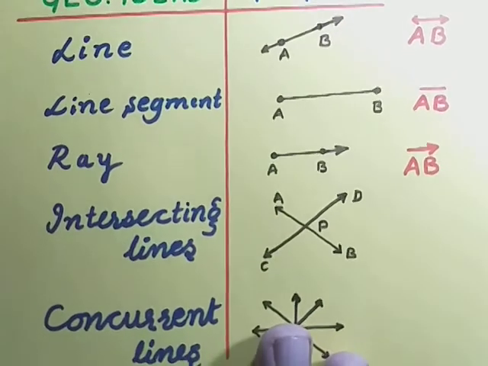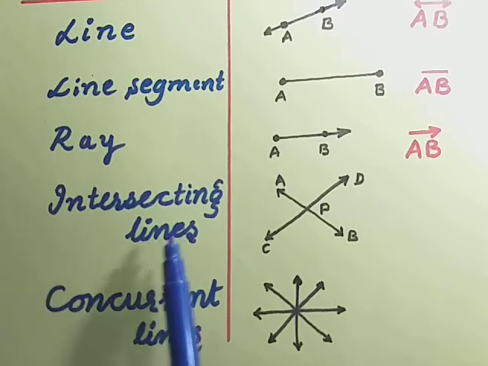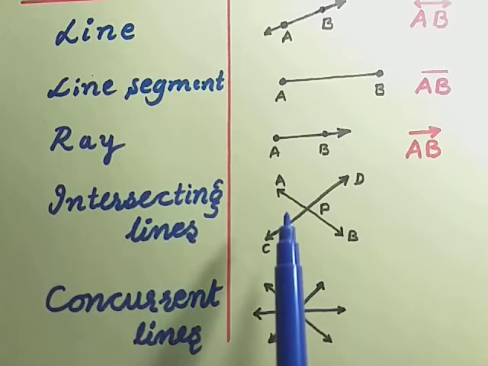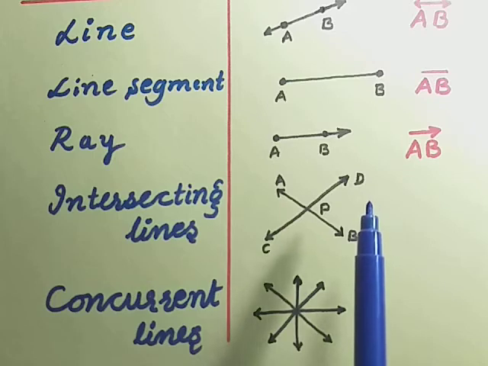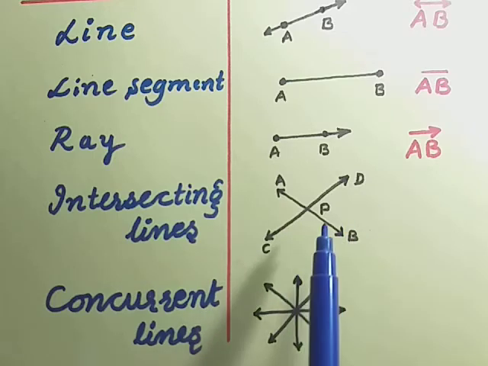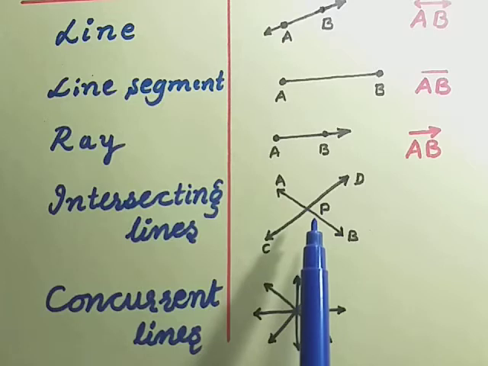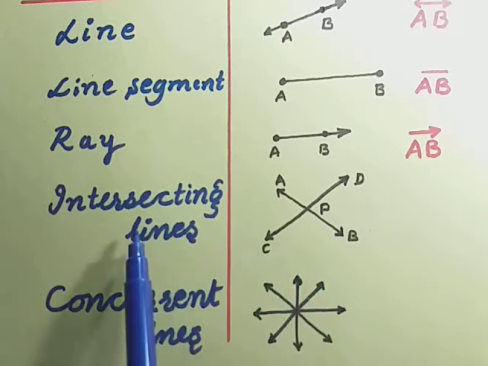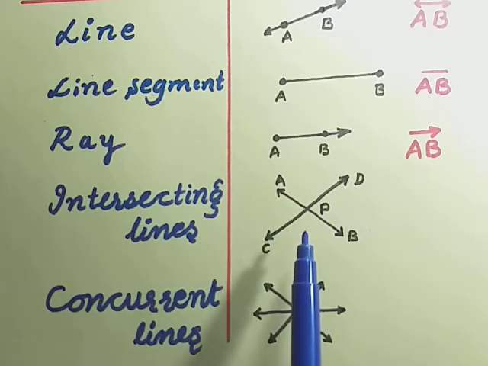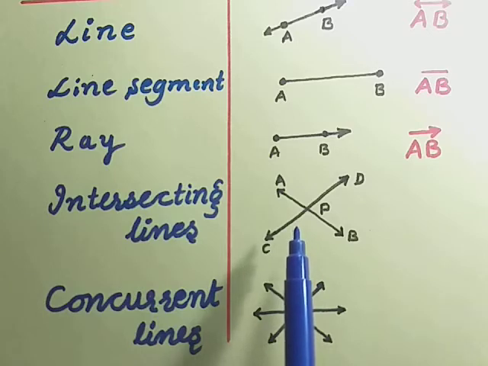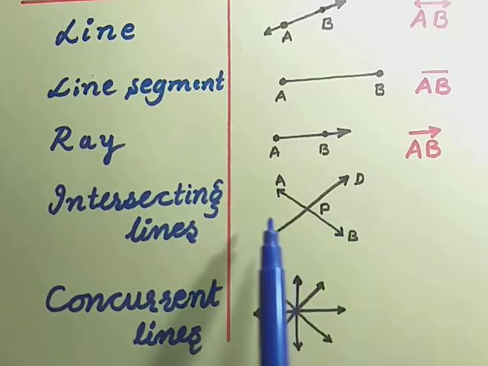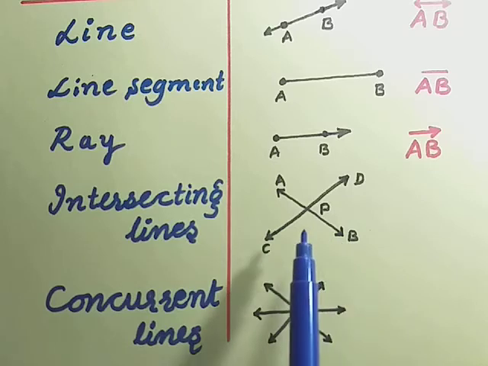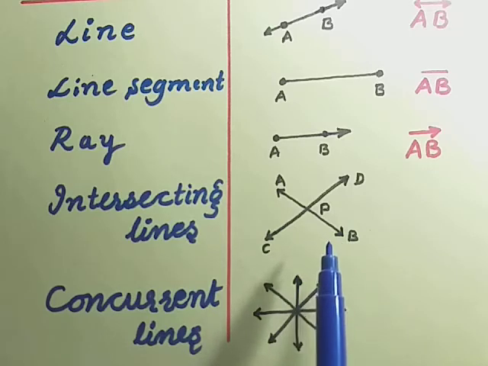Similarly, we come across intersecting lines. If two lines meet one another at one particular common point, then the lines are called intersecting lines. The point at which both of them meet is called the point of intersection.